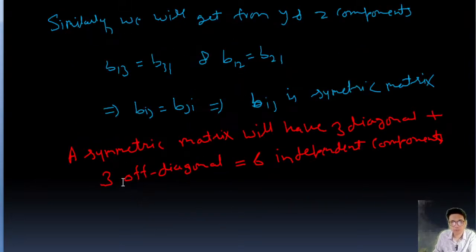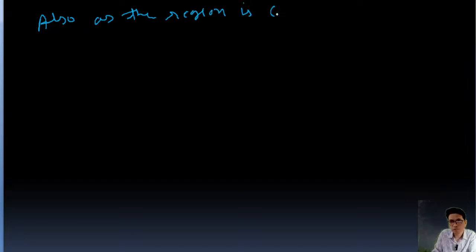So it means we'll write also, as the region is charge free, therefore del dot E is going to be 0.